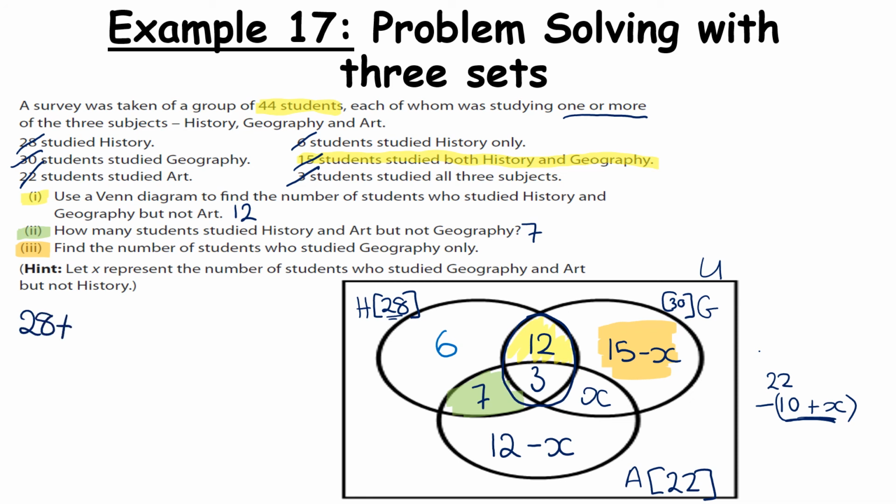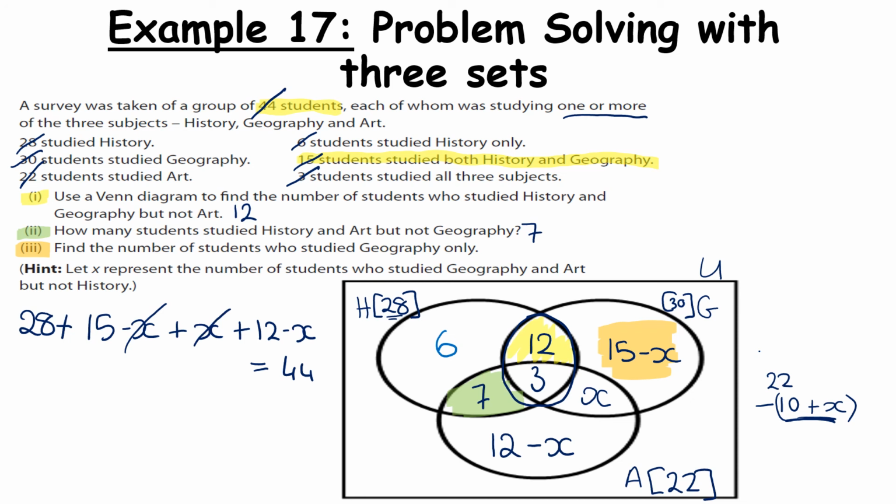Then we have 15 minus x plus x. That fills in the whole of geography, plus 12 minus x. And when we add all that together, it should equal 44, which is what we were told the total was at the start. Get rid of these two x's.